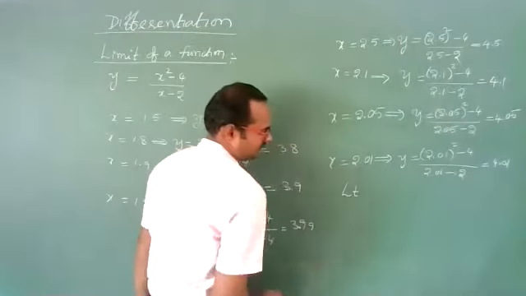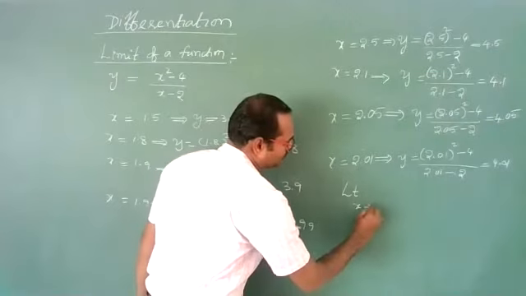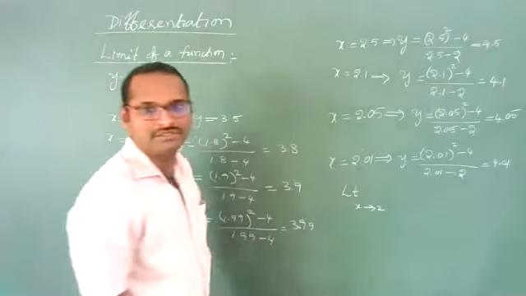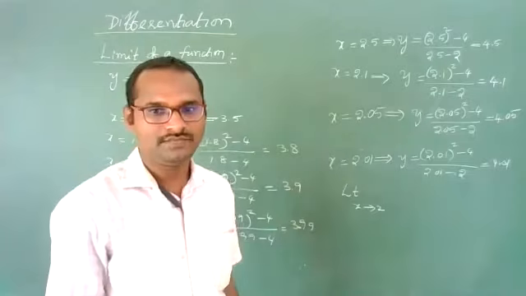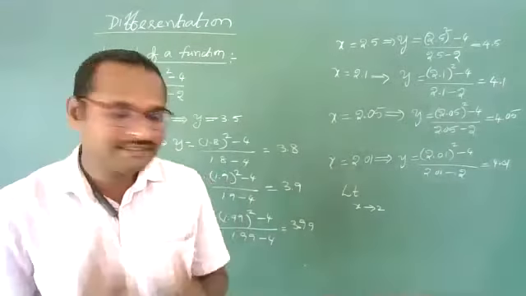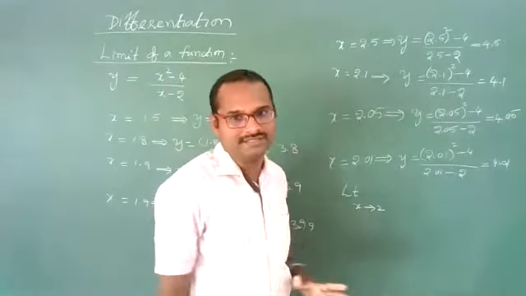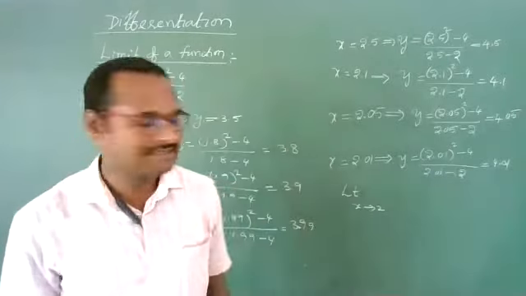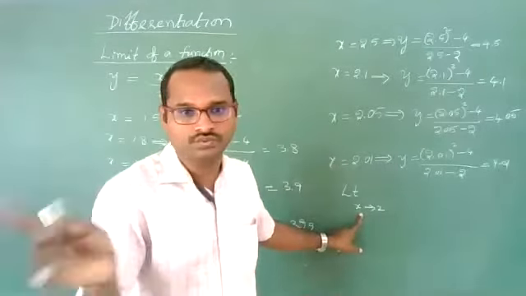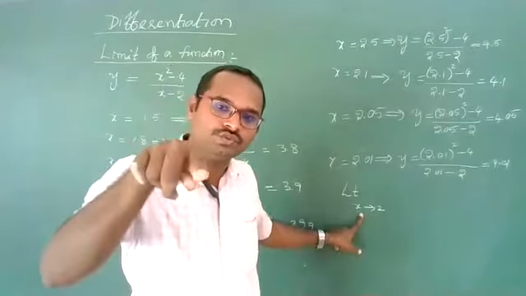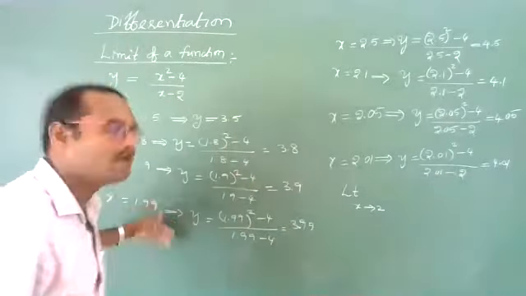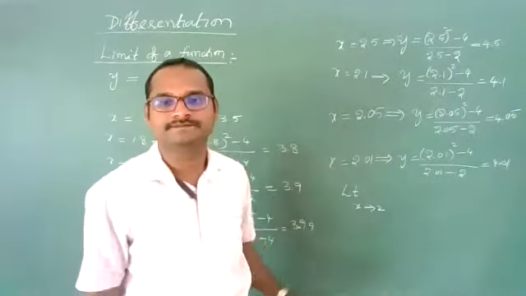Limit x approaches to 2, limiting value. Means here when I write this arrow mark like this, this indicates x is not equal to 2. X is approaching 2, either in this manner or in this manner.